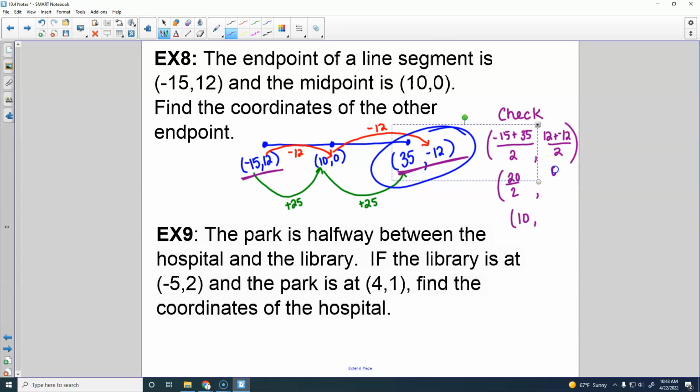And this gives me 0 over 2, which is just 0, which matches this right here. So that tells me that this is right. So you can check it by just doing the midpoint at the end if you want, but you don't do the midpoint at the beginning.